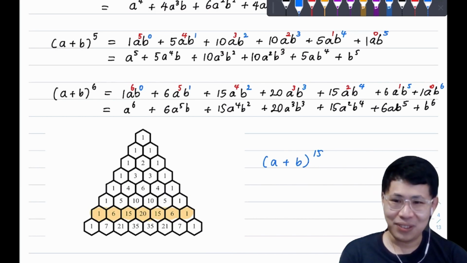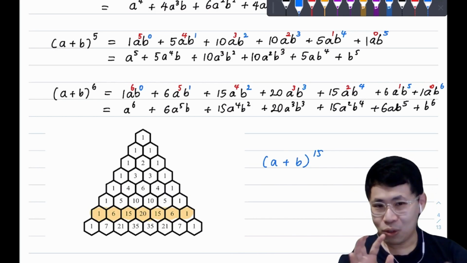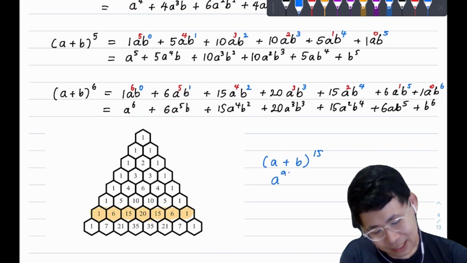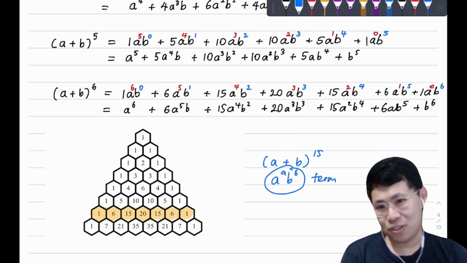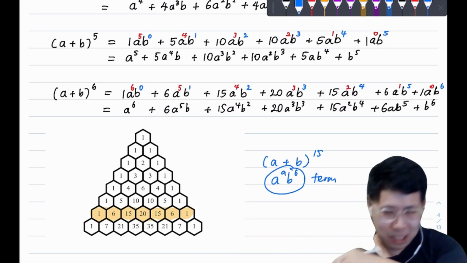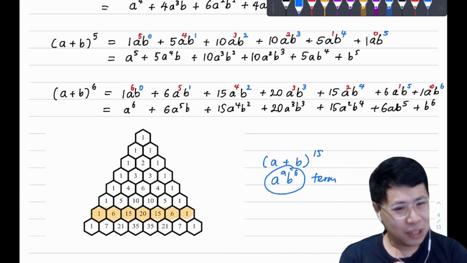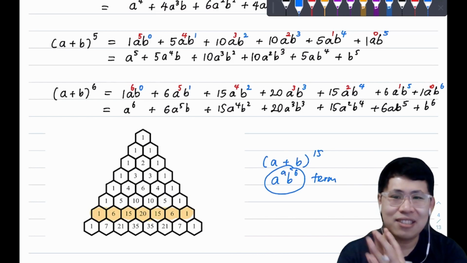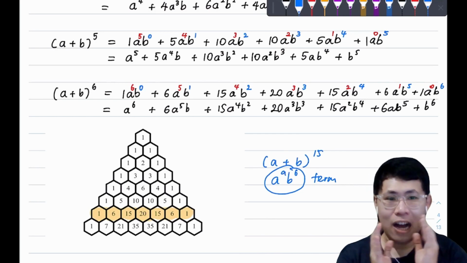And what if I want to look for a specific term in the expansion? Do I need to expand everything just to find one term? Technically I don't need to. Is there a shortcut? Yes, there is. So how do we do it?